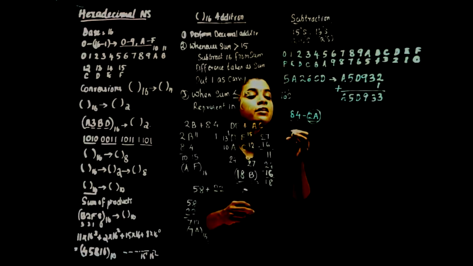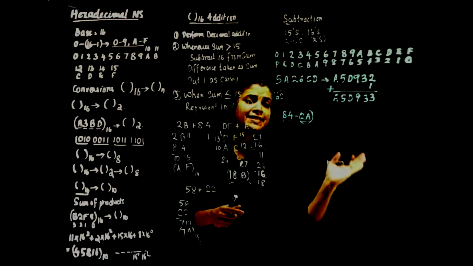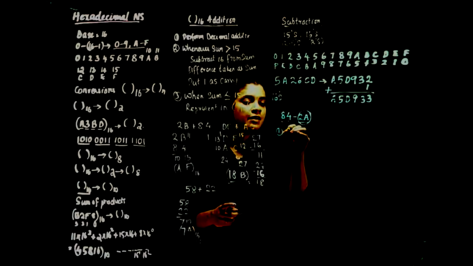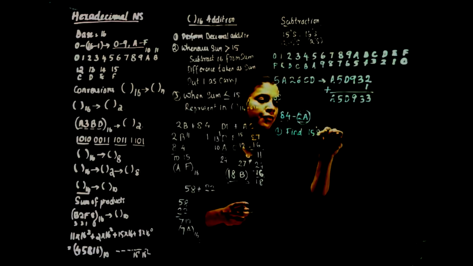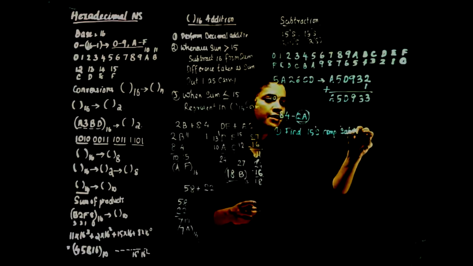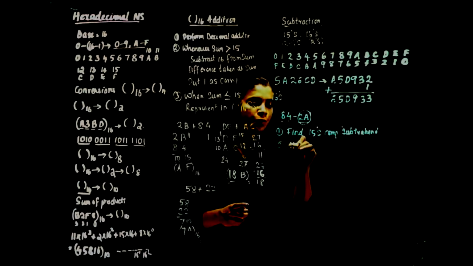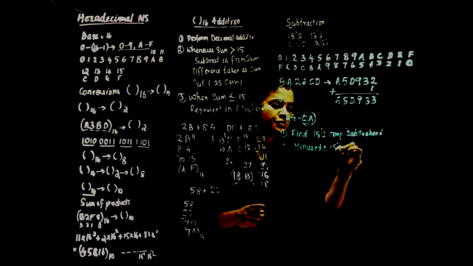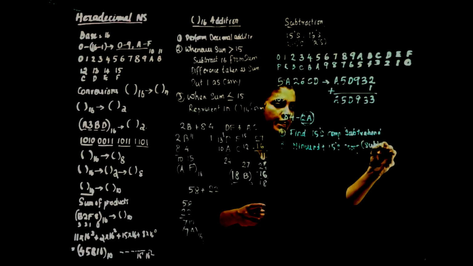Take the subtrahend and find its 15's complement, exactly the steps we have followed in all other number systems. So, the first step is to find the 15's complement of the subtrahend. Now perform minuend plus 15's complement of the subtrahend, and perform the addition.